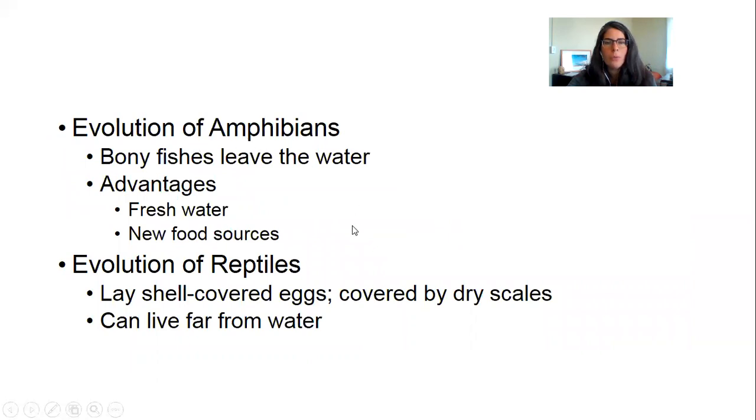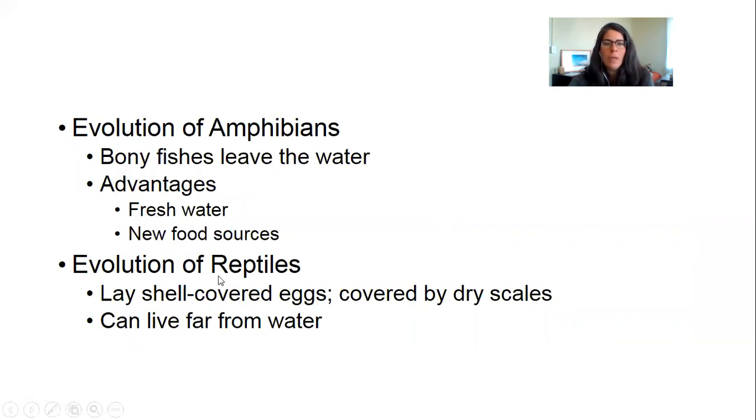Okay, so evolution of amphibians. There were bony fish that leave the water. The advantages were the ability to move from one area of water to another area, which was fresh, more oxygenated water, and there were new food sources.